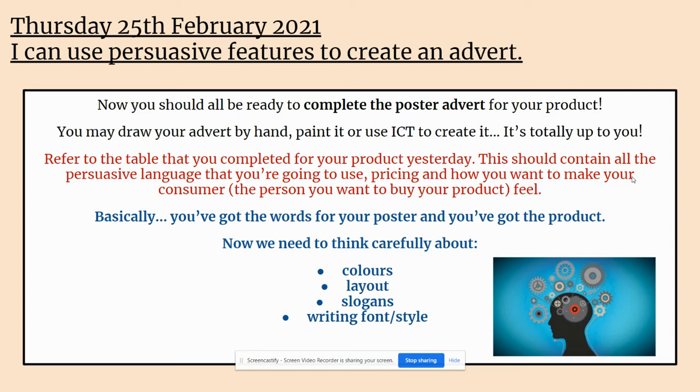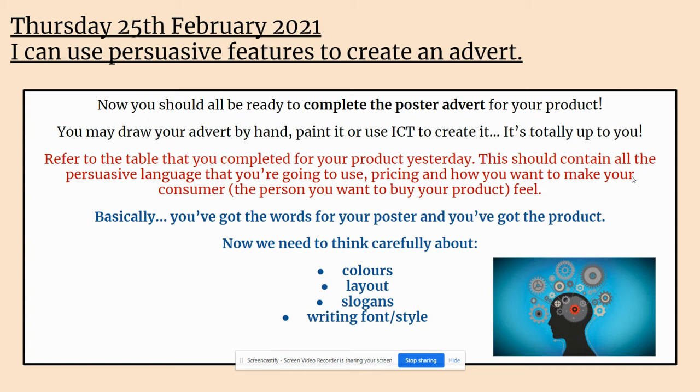So, you have done brilliantly with your products. Today, you are going to be completing the poster advert for your product, the advert that's going to persuade the consumer to buy your product. Now, today you can choose to draw the advert by hand, you can choose to paint it, you can use ICT to create it.